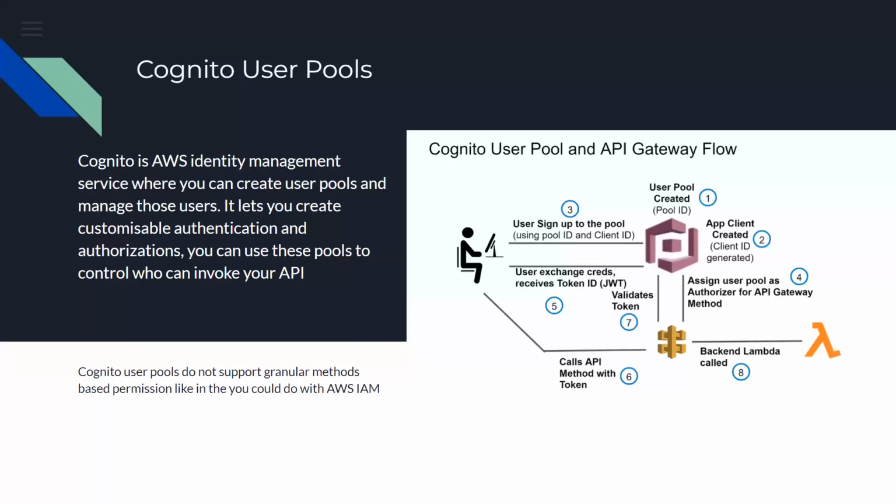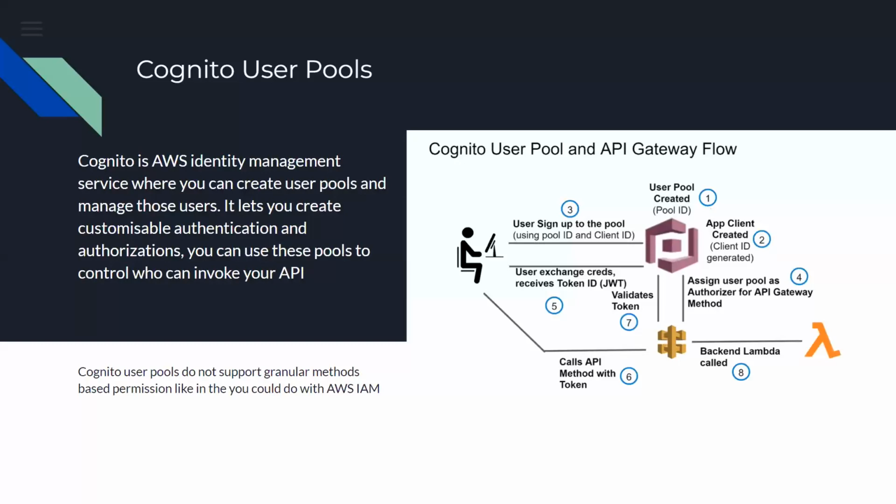But with AWS Cognito user pools, it's not that you cannot, but for this user you create one pool, for another user you create another user pool with ID for post requests. Then you come and create another one for edit requests.